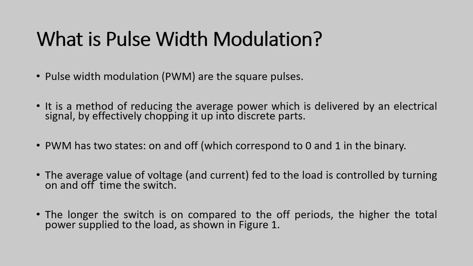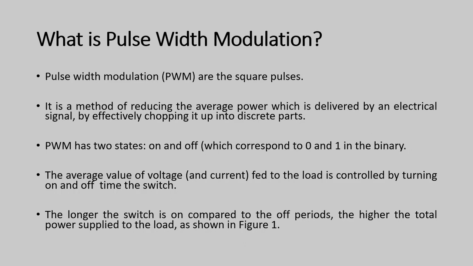If the width of the square pulse is longer for a certain time, I mean the on period, then the average voltage will be higher.